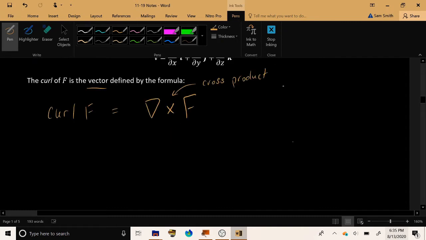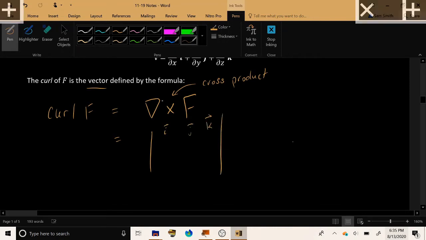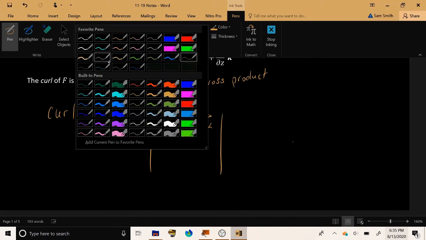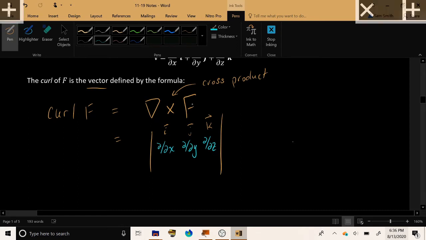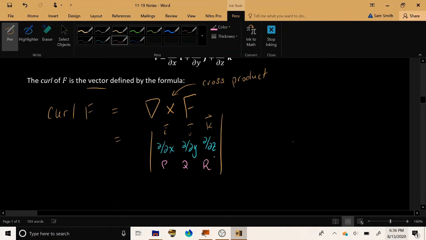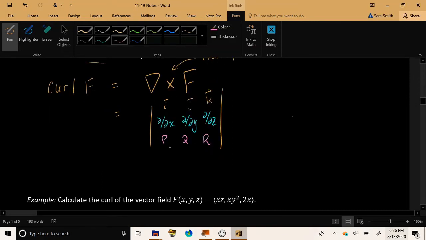Now recall that the cross product for two vectors could be thought of as the determinant of a 3x3 matrix, where you had the vectors i, j, k in the top row, and then you had the components of nabla in the second row, so partial x, partial y, partial z, and then you had the components of F in the third row, so P, Q, and R. Now, this is the way that you really want to remember curl.